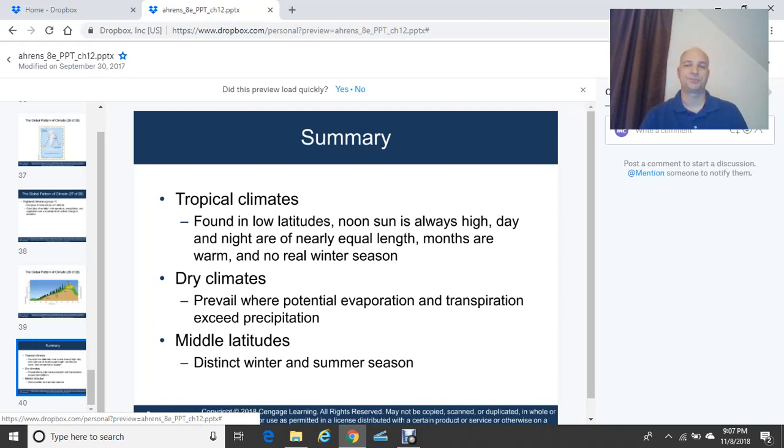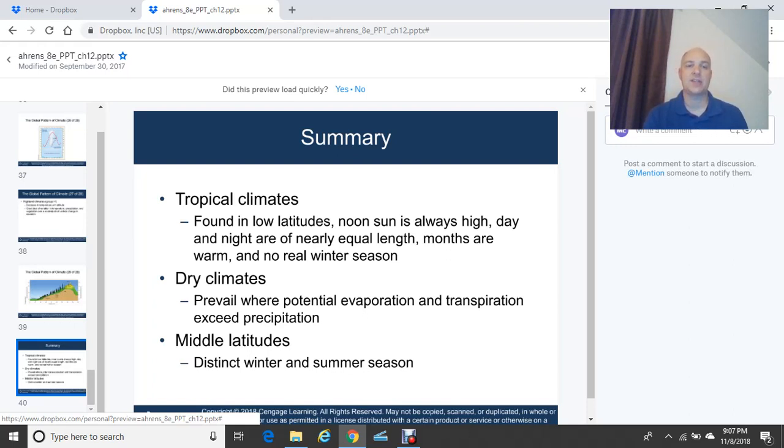So we grouped our climates into various areas based on the amount of precipitation received throughout the year. Tropical climates are found in the lower latitudes closer to the equator. The noon sun is always high in these locations. Day and night are nearly equal length throughout the year. Months are warm. There's no real winter season in these locations.